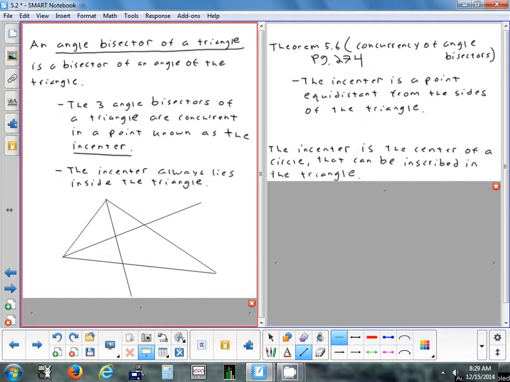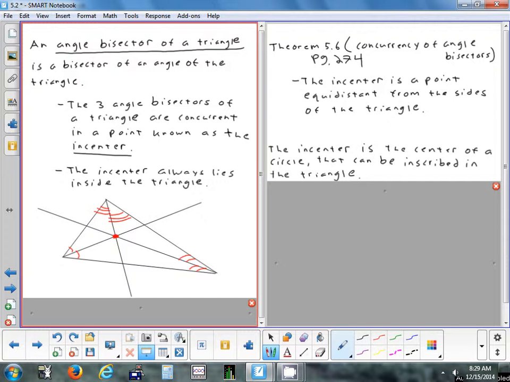And our third one. Okay, so in this picture, those two angles are equal. Those two angles are equal. And those two. And that point that I just marked, that is your incenter.